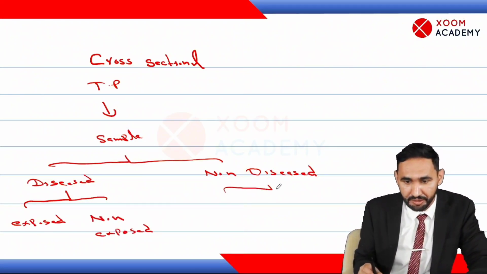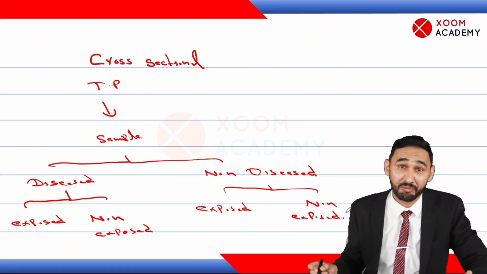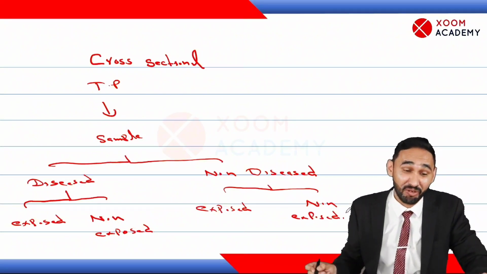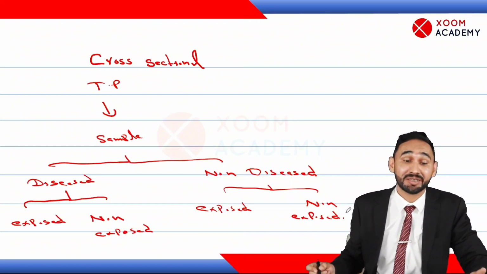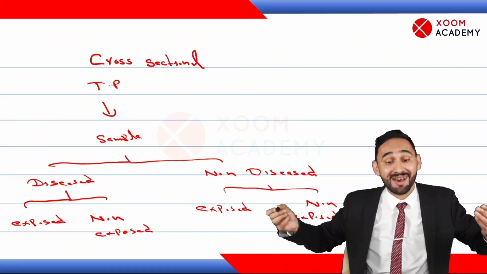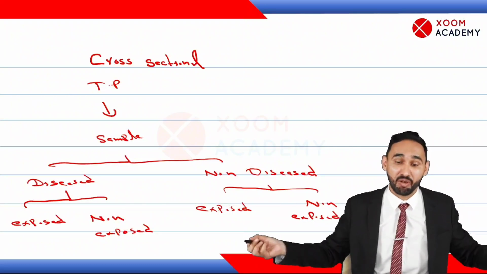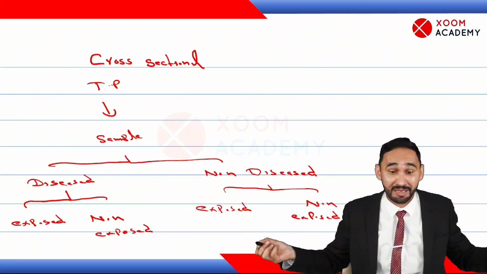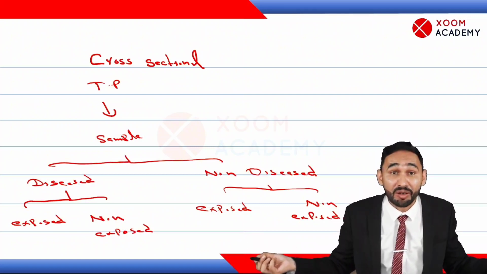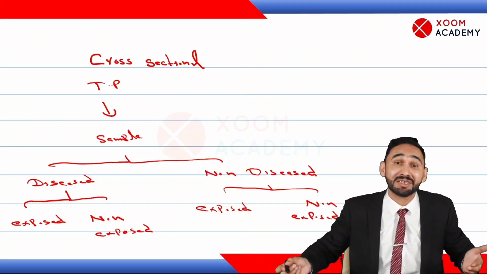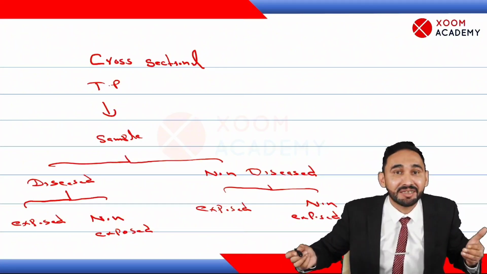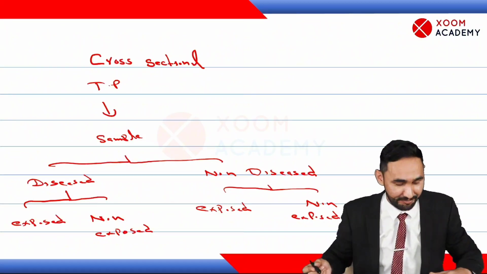Those who are non-diseased, they may be exposed or non-exposed. This means not all people who are diseased are exposed to the risk factor under study. Among those who are non-diseased, it is not necessary that all of them are non-exposed. People who are exposed can be non-diseased. People who are non-exposed to a certain risk factor can be diseased. This is a cross-sectional analytical study.